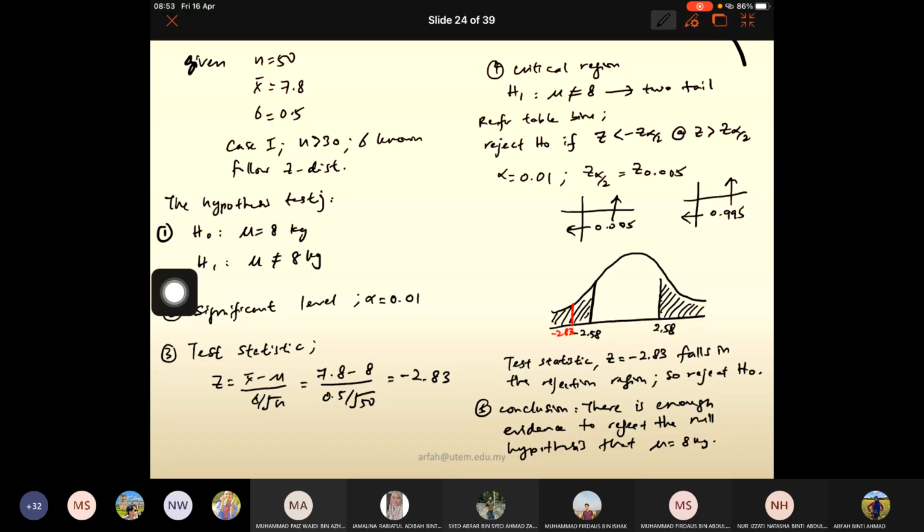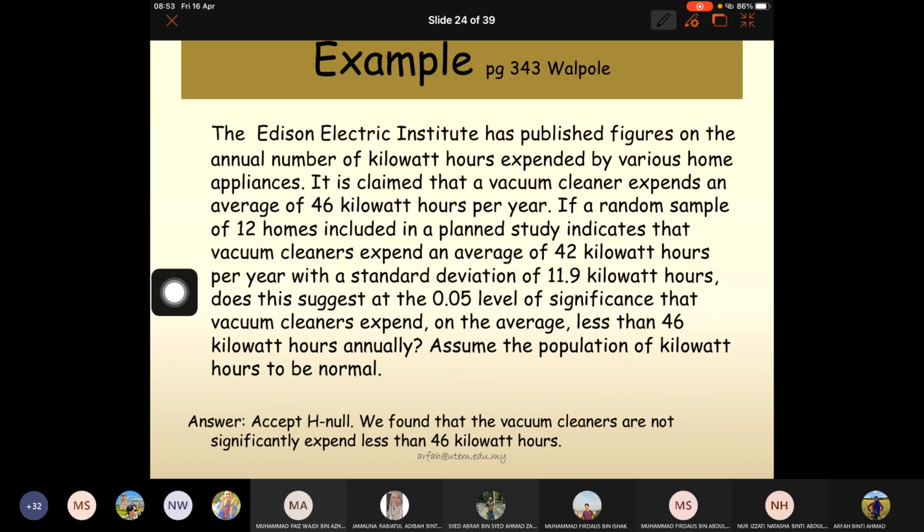The Edison Institute has published figures on the annual number of kilowatt hours expended by various home appliances. It is claimed that a vacuum cleaner expends an average of 46 kilowatt hours per year.